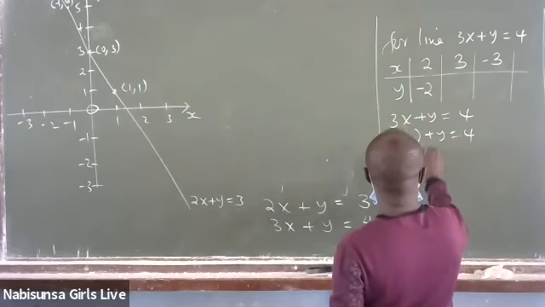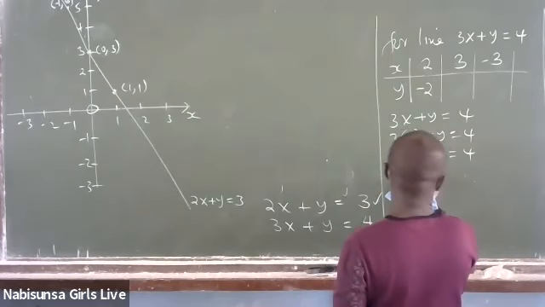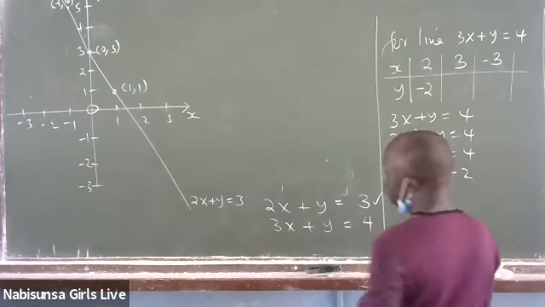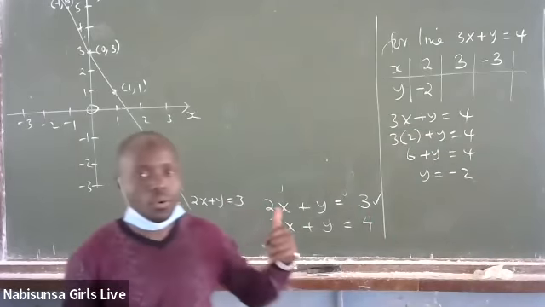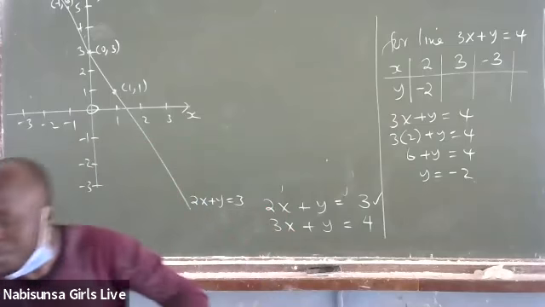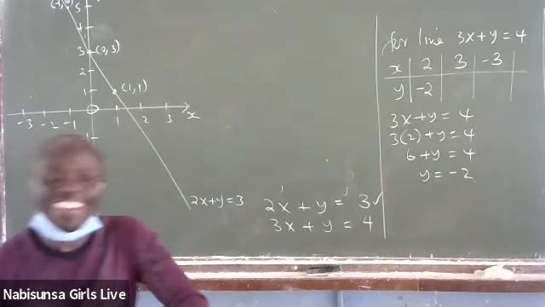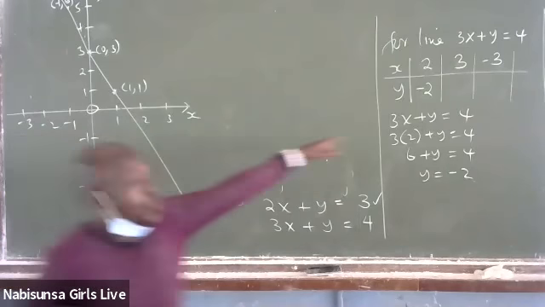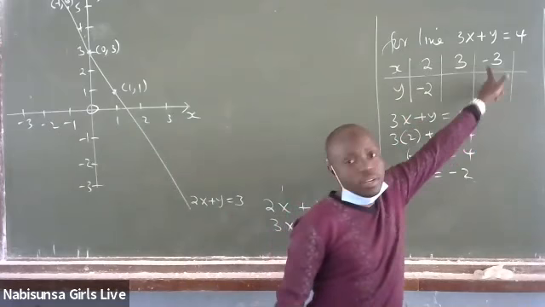This becomes 6 plus y is 4. And this becomes y is minus 2 when you collect like terms. Okay? So when x is 3, you look for what happens to y when x is 3, what happens to y when x is minus 3.